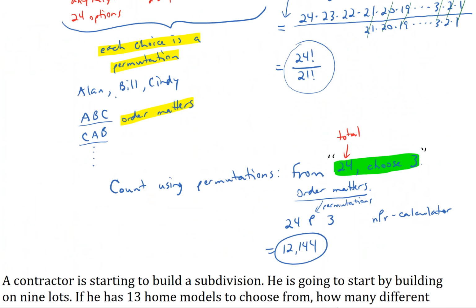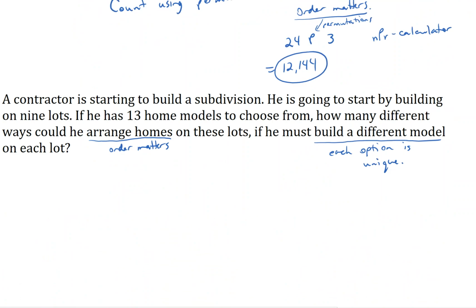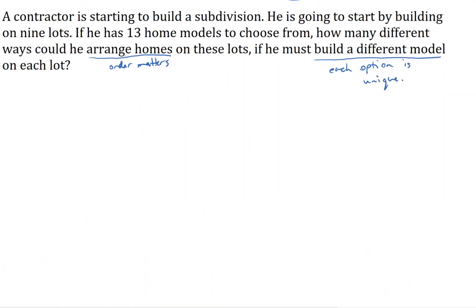Whenever you choose 3, you have to pick 3 different people. Okay, so permutations only work if you're choosing unique options. You can't choose the same thing more than once. Now, because of order and each option is unique, we're going to look at permutations.